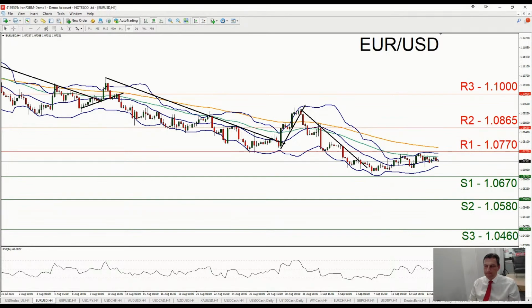A best guess would be that Ms. Lagarde is going to be trying to ease market reactions. And in that case, we may see any possible gains or losses more or less allowing for EUR/USD to restabilize.